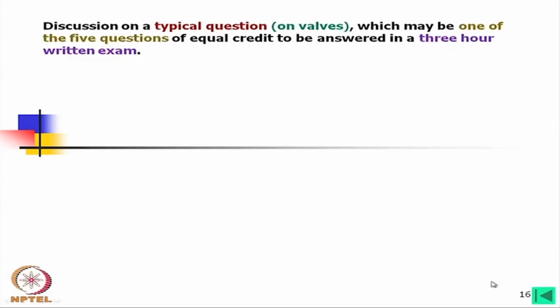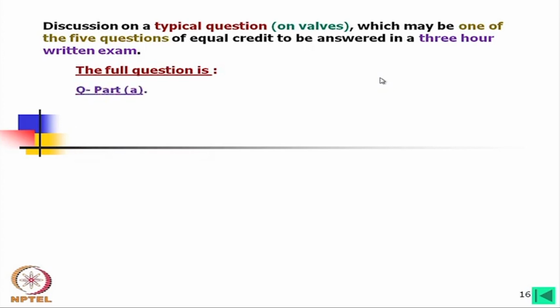Now, I shall discuss a typical question on valves, which may be one of 5 questions of equal credit to be answered in a 3-hour written exam. This means that if there are 5 questions, each is worth 20 marks, so this is a 20 mark question.